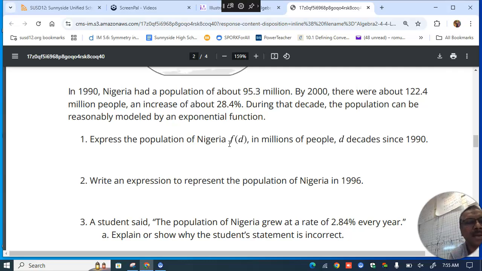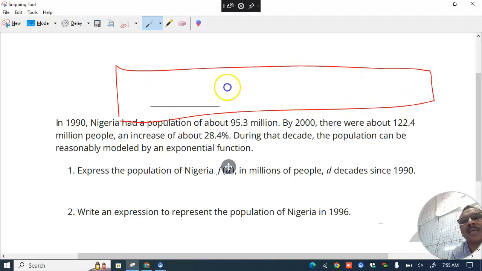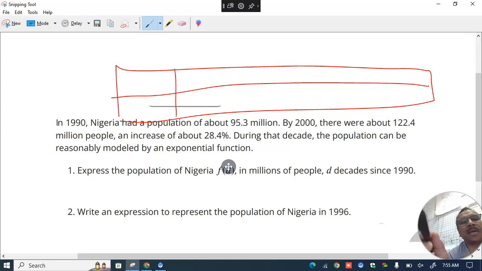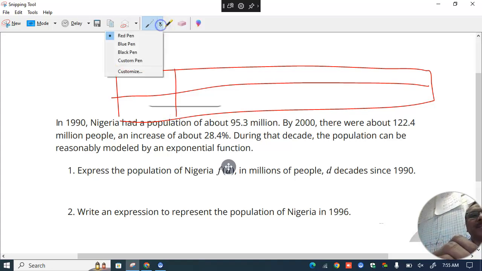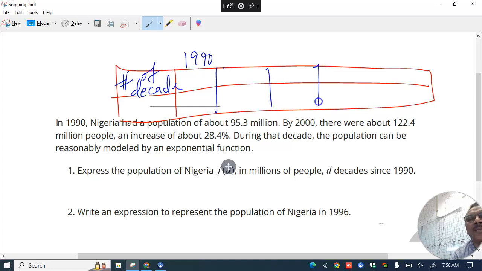You can make a table like this. To understand this, d stands for the number of decades, that is, how many decades have passed. This is the year 1990, then 2000, and then 2010, and likewise.